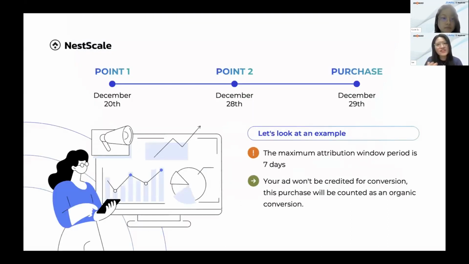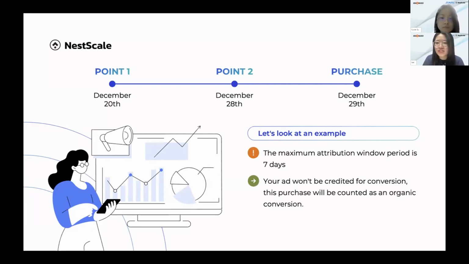To better understand how this restriction affects your tracking, let's look at an example. Imagine your customer clicks on your ads on December 20th, and then 8 days later, on December 28th, the customer clicks on another ad and then decides to purchase on the following day, December 29th. Since the maximum attribution window period is 7 days, your ad won't be credited for the conversion.